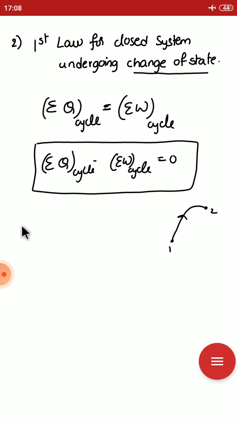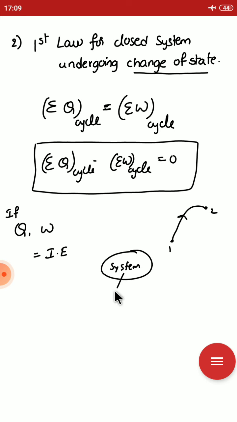In this process both heat and work are involved, then the net accumulated energy stored in the system we call internal energy. Suppose this is a system.